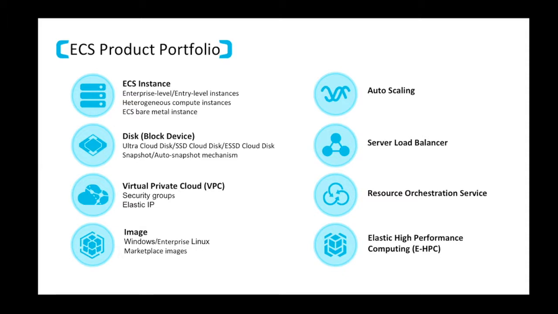VPC, also known as Virtual Private Cloud, gives you the flexibility to build your cloud architecture in a logically isolated and secure environment. You are able to configure the route tables, network gateways, and the selection of IP addresses range. A security group can be used to control network access to ECS instances.